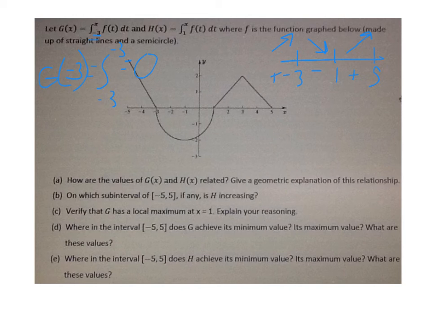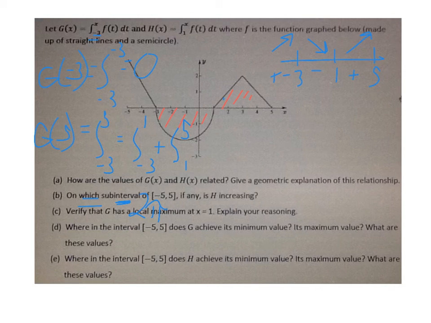How about, just to check, g of 5? So g of 5 is going to be from negative 3 to 5. I'm going to split that up into negative 3 to 1 plus 1 to 5. So I'm looking at two areas here: the area of my circle and the area of this, and we're going to put them together. From negative 3 to 1 was negative 2 pi.